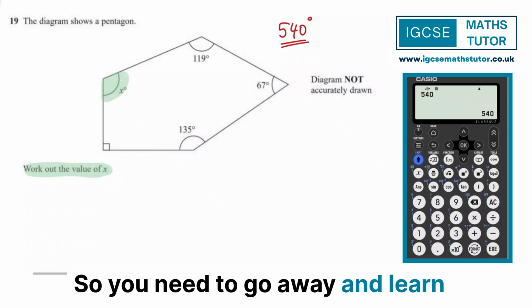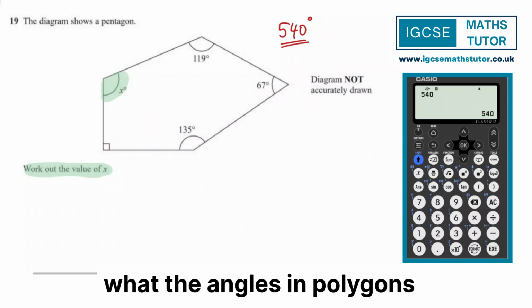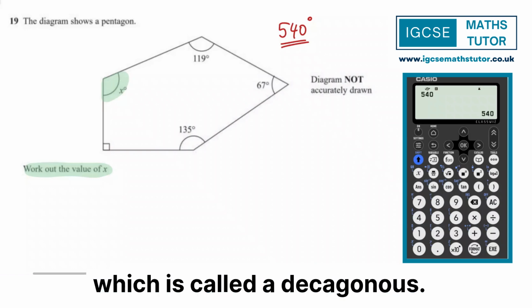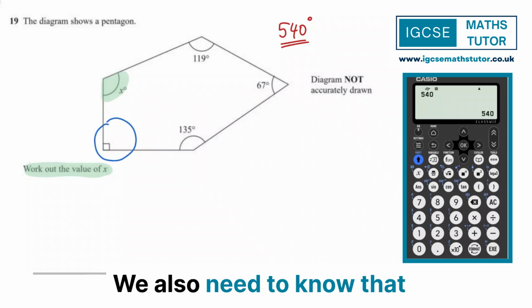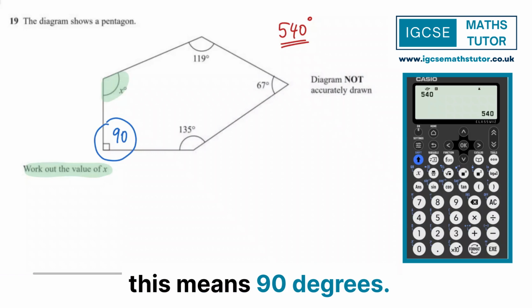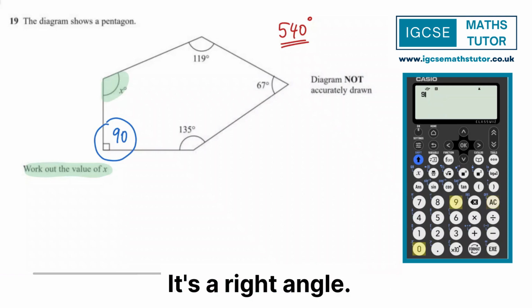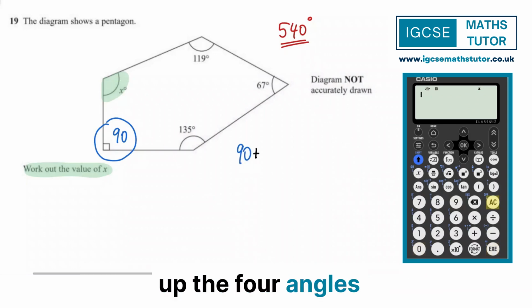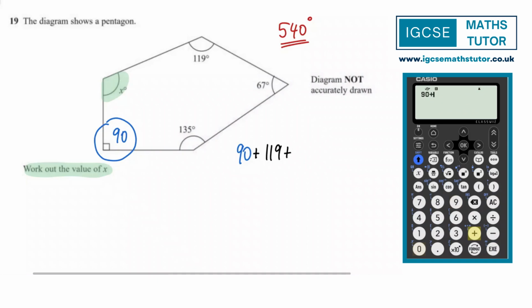So you need to go away and learn what the angles in polygons add up to, a 10-sided polygon, which is called a decagon. We also need to know that this means 90 degrees. It's a right angle. So all we need to do now is add up the 4 angles that we do know.